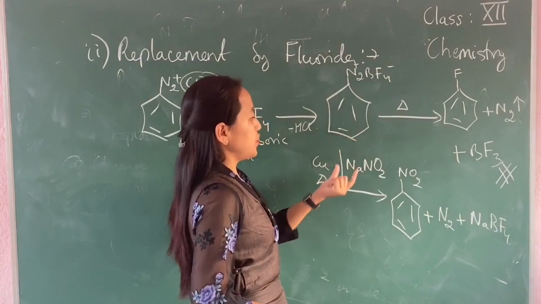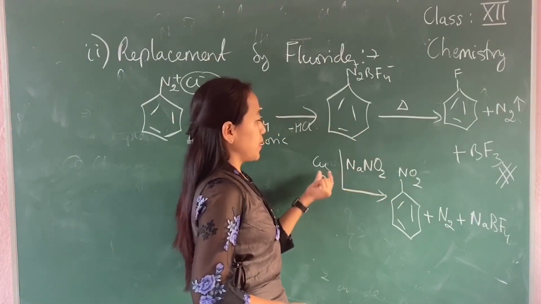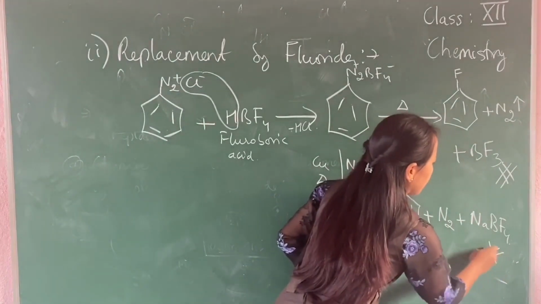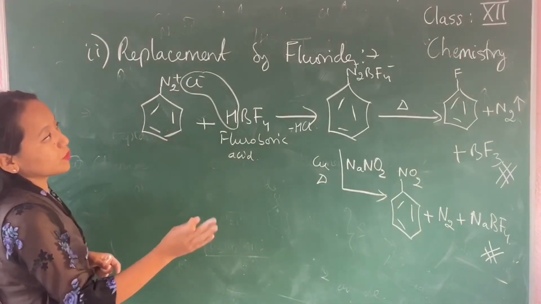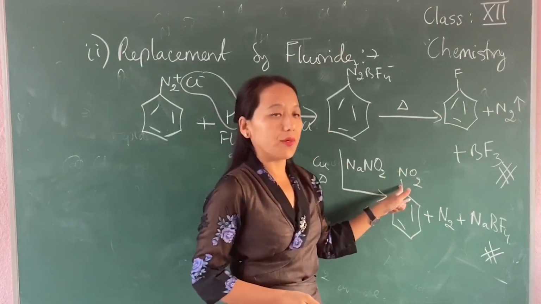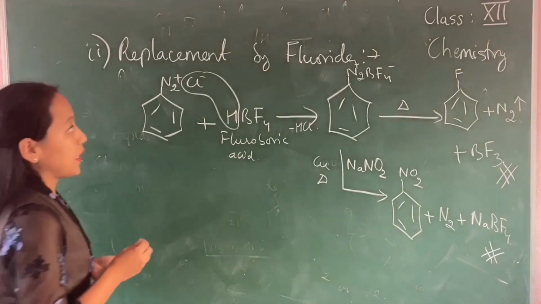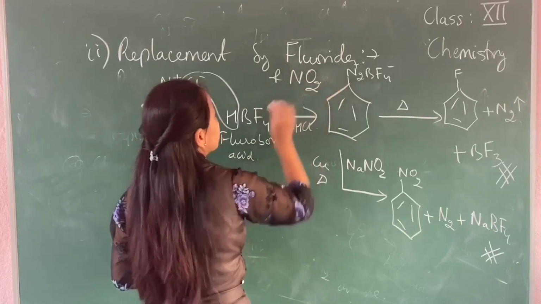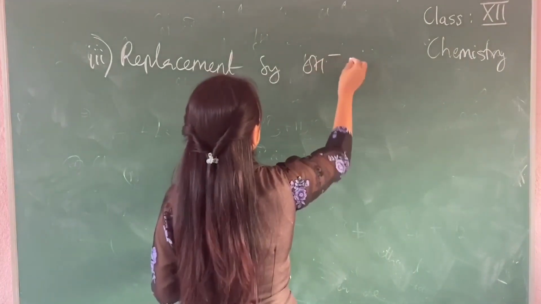From this you can introduce nitro group by treating it with sodium nitrite in the presence of copper and heating it. So in this way you have introduced this group with two different groups. In the first case it is fluorine, in the second case it is nitro compound. Okay, this is about the replacement by fluoride and nitro group.